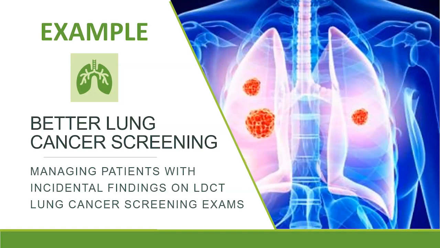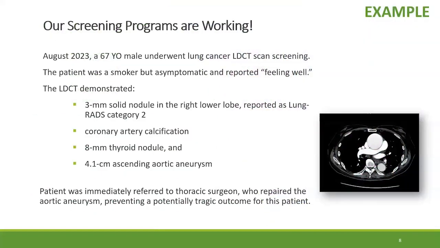Today, I'd like to share with you how we're looking to improve our lung cancer screening program, especially managing patients with incidental findings on low-dose CT lung cancer screening exams. Last August, we had a 67-year-old male come into one of our locations and undergo a lung cancer low-dose CT screening.